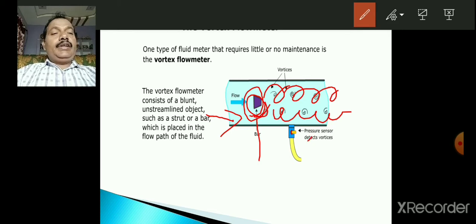Here it is placed here. This is the pressure sensor, and the frequency at which these vortices are passing is measured and related to the flow rate of the fluid through the pipe.